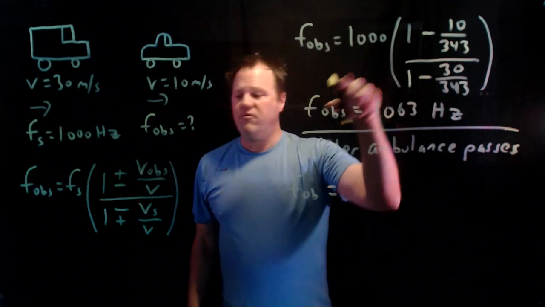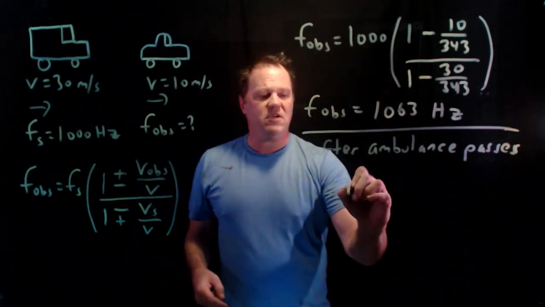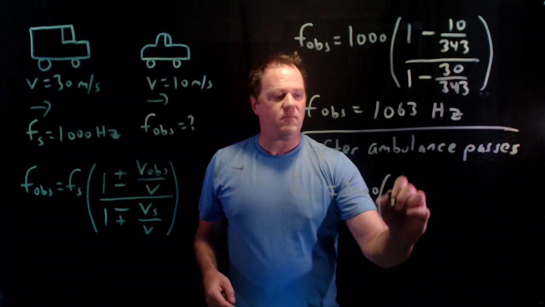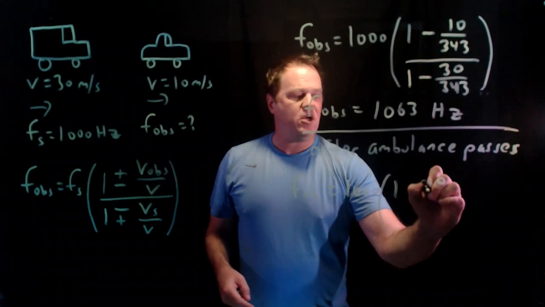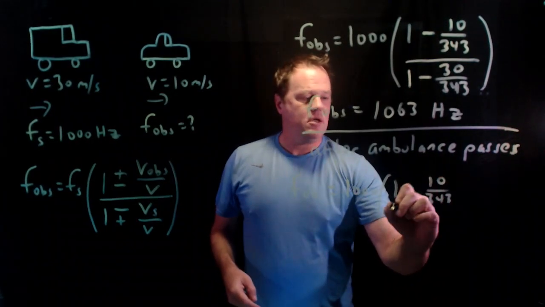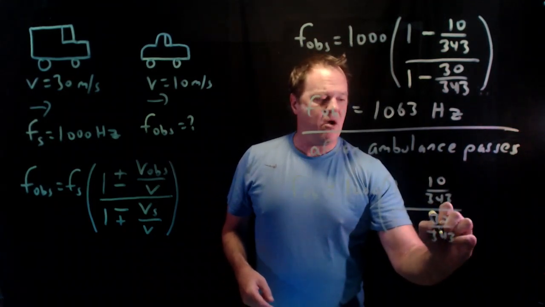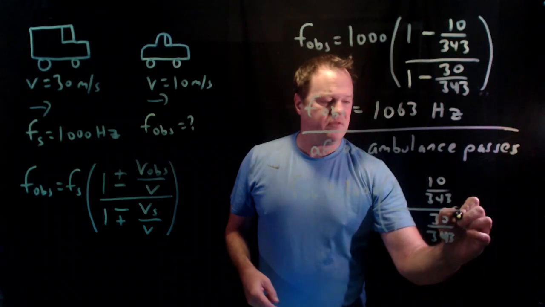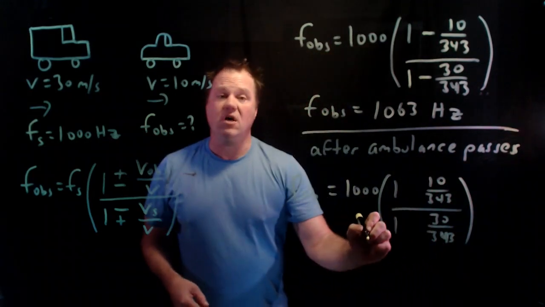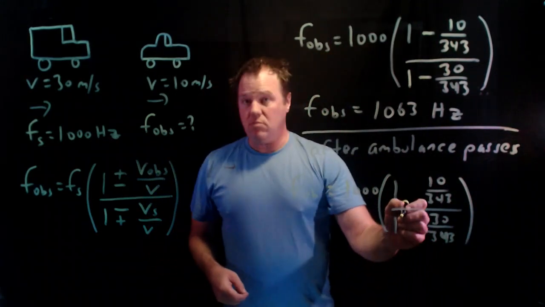Okay. So using the same formula, we would have source frequency of 1,000 still. Okay, 1 and then we'll do 10 over 343, 1, and 30 over 343. And now I want you to go ahead and pause the video and decide for yourself what signs you would put in here.